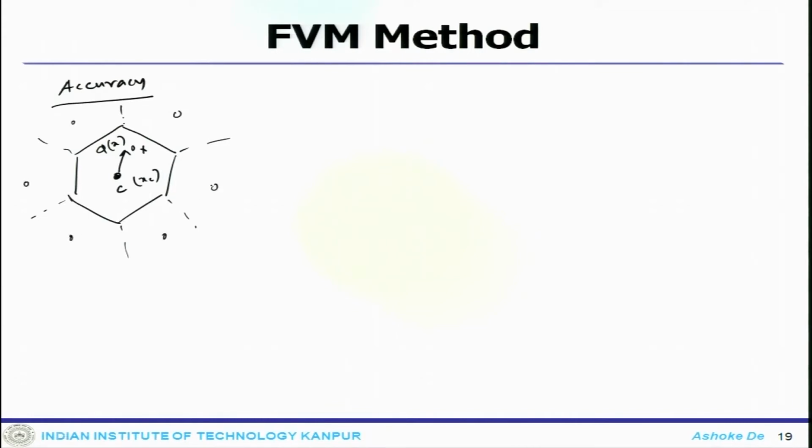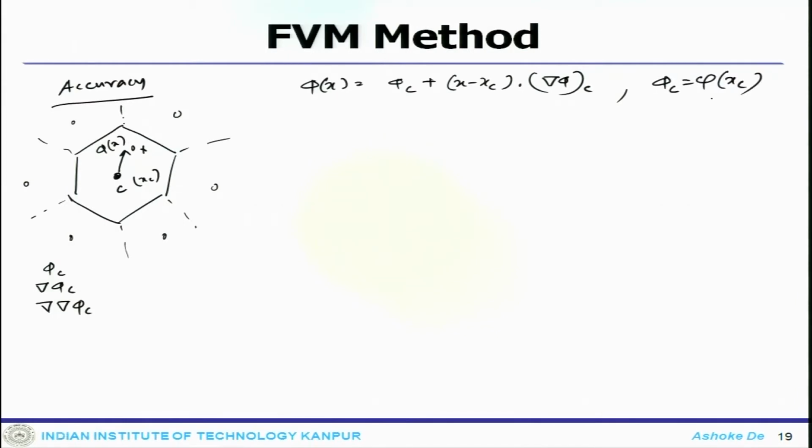Since it is an element C, you have phi C, delta phi C, delta delta phi C, all these are there. So, what you can see is phi x could be phi C plus x minus x c dot delta phi C, where phi C is phi x c.